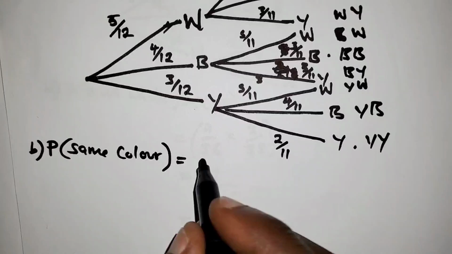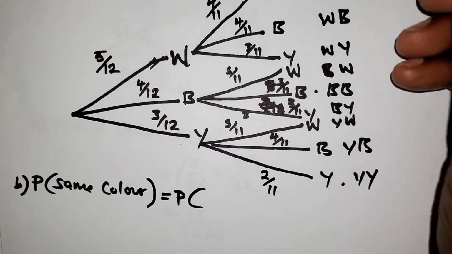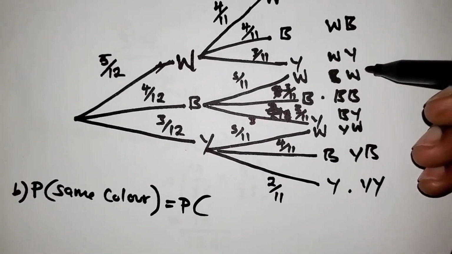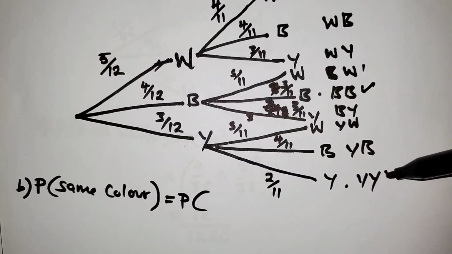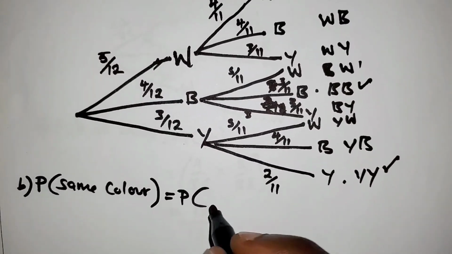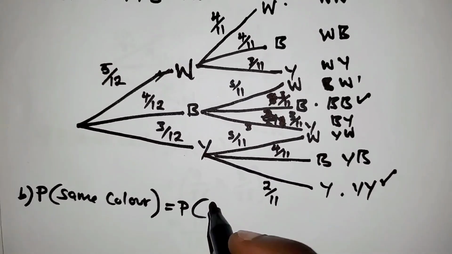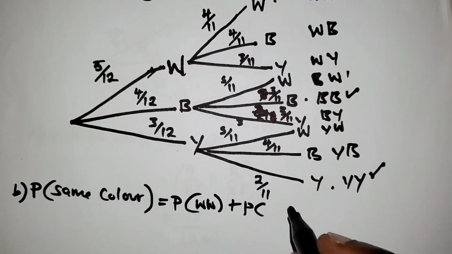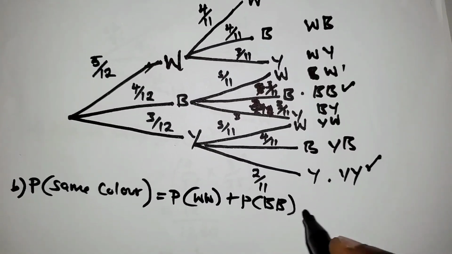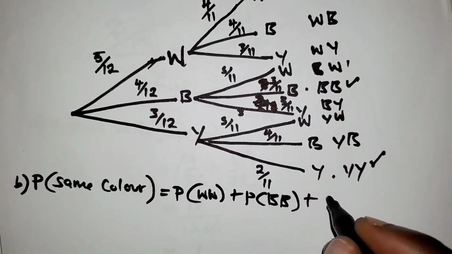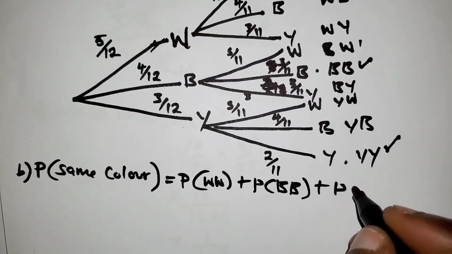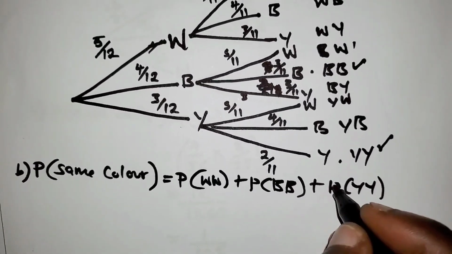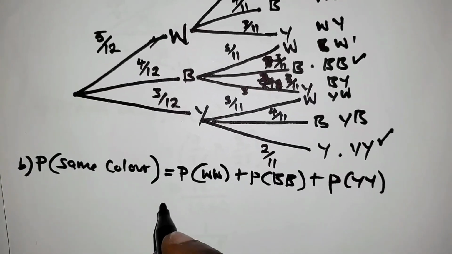We're going to say probability of WW, blue same color, yellow same color. So that's what we're going to consider. We're going to start with WW plus probability of blue plus probability of yellow. Just a matter of substituting here.